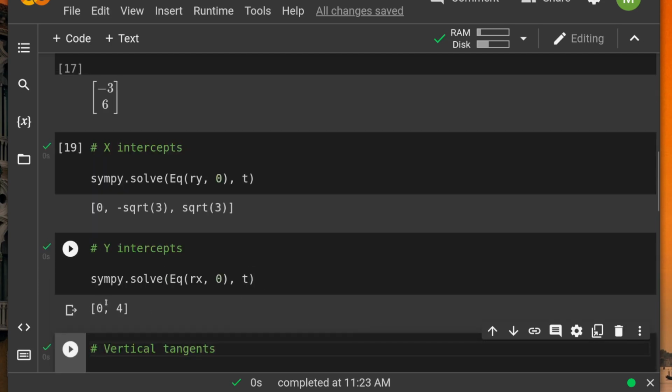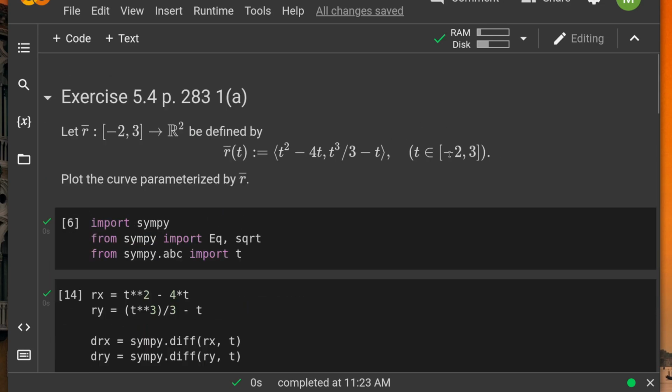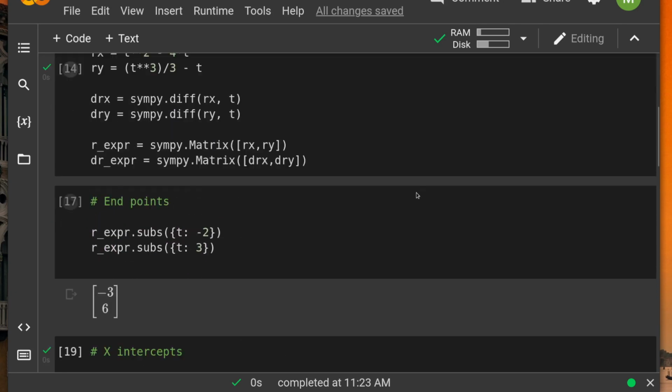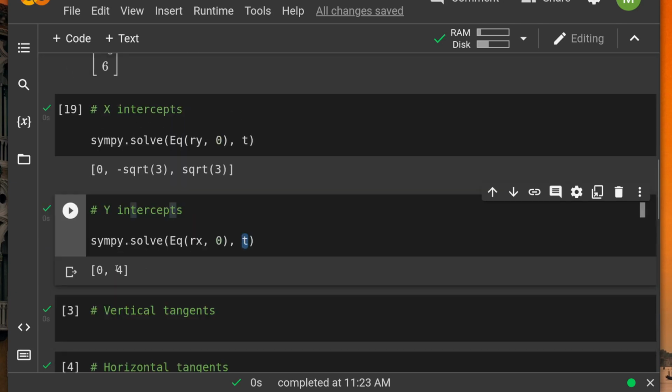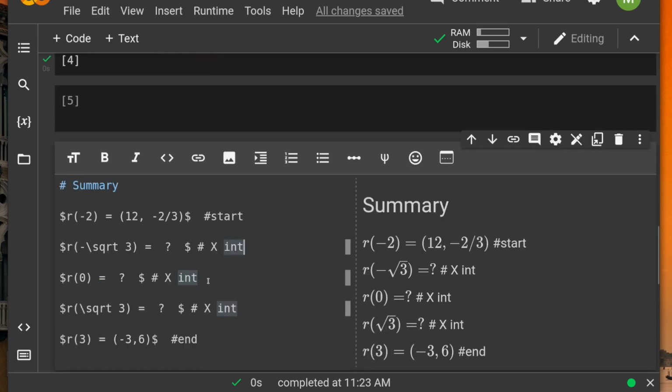And we see the value of the parameter where the x-coordinate of our vector function is equal to 0, that is where t is equal to 0 or t is equal to 4. But we see 4 is not in the domain of our function, so we can disregard this 4. So our y-intercept happens where t is equal to 0, but we've already got t equal to 0, so this is also a y-intercept.